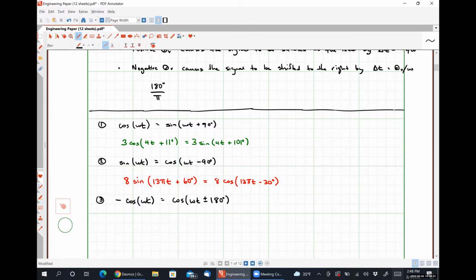It literally doesn't matter if we add 180 or subtract 180, that gets us to the exact same point on our circle effectively. So really just pick one and go with it and you'll be okay. Okay, so we get rid of a negative sign by shifting by exactly 180 degrees. And we'll see the exact same relationship to get rid of the negative sign in front of a sine function.